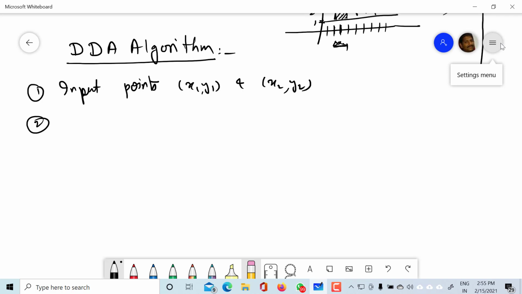The first term will be the base and the next term you have to calculate by using the equation of line. If you are taking the base as x, you have to calculate the value of y by the equation of line, and if you have taken the base as delta y, you have to calculate the value of the next x. So first of all we have to calculate delta x.